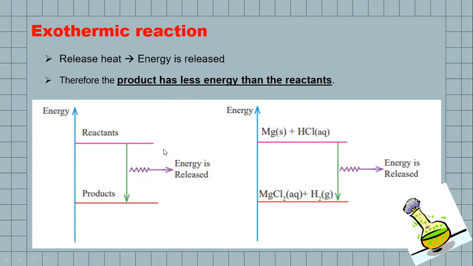Why? Because the energy is released. So when a chemical reaction is given, you can point it out like this. The reactants we use here are magnesium solid and hydrochloric acid, and the products are magnesium chloride and H2.